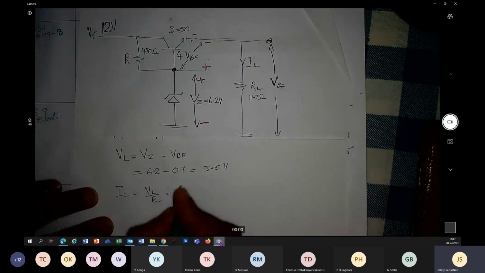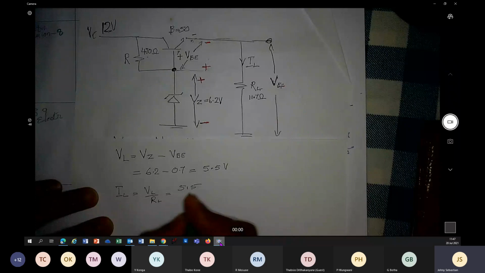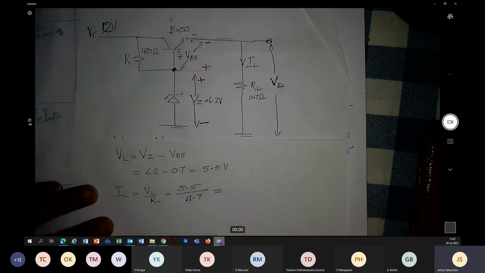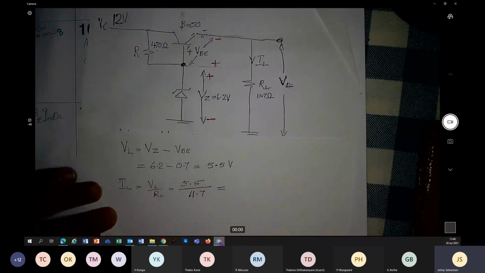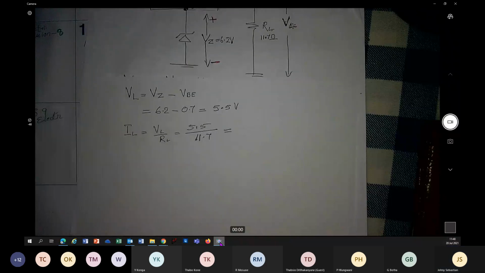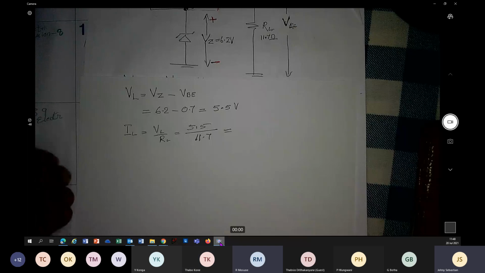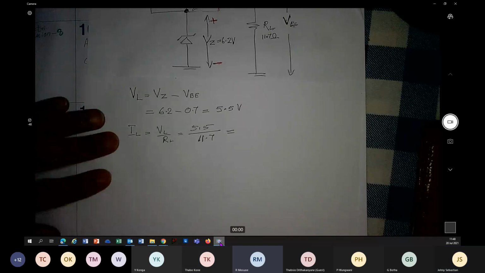That is 5.5 over 11.7 ohms. So I got 470 microampere.